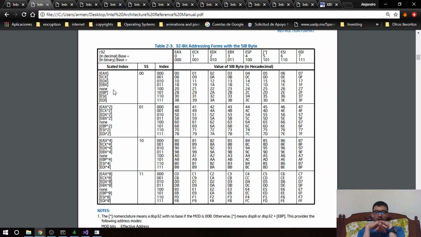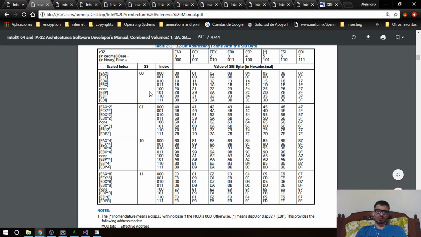Because yeah, we have an 8-bit thing. We're going for SIB, but in the SIB encoding we don't allow that kind of structure, so we have to deal with that.